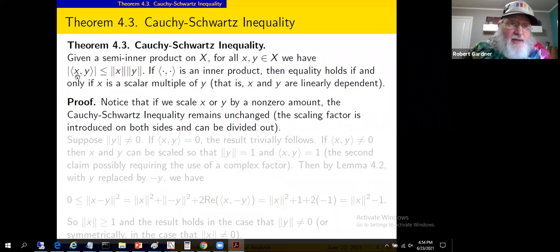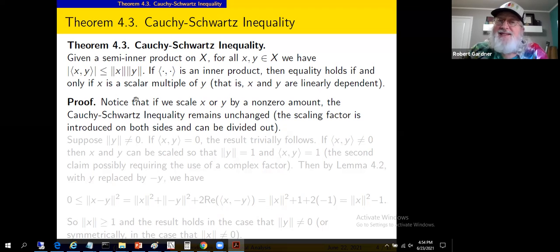You could also bring that alpha outside the inner product by linearity in the first term, and then bring it outside the modulus on that side. You'd pick up a modulus of alpha on both sides, and you could cancel them. Similarly, we could multiply y by some scalar beta, and ultimately get cancellation of the modulus of beta. A little bit more complicated with the y's because we get that conjugate linearity thing. We'd pick up a modulus of beta bar, the conjugate of beta, but that's the same as a modulus of beta.